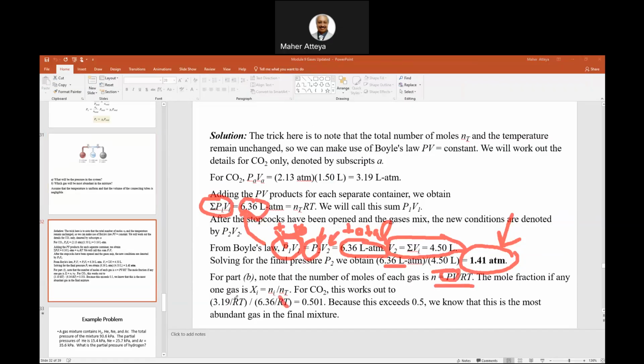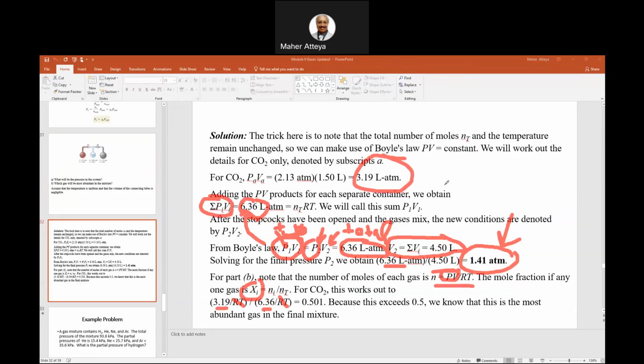RT are the same, they don't change. This is the total one here. And what do you calculate? Calculate the mole fraction. The mole fraction is n_i, that's for carbon dioxide, the moles of 3.19, correct? The 3.19 is coming here from here.